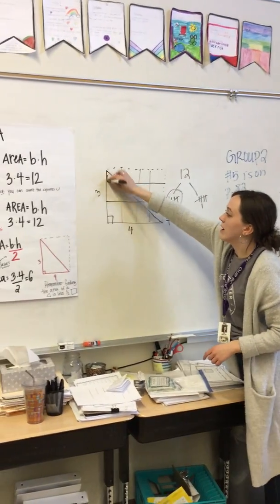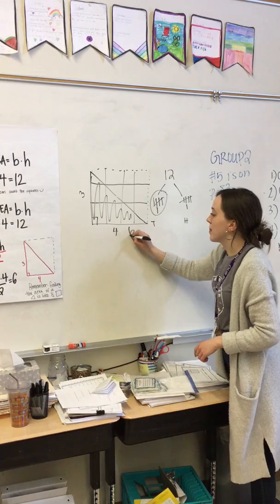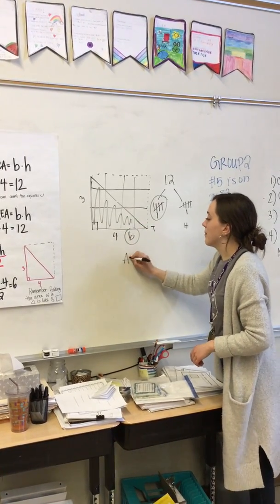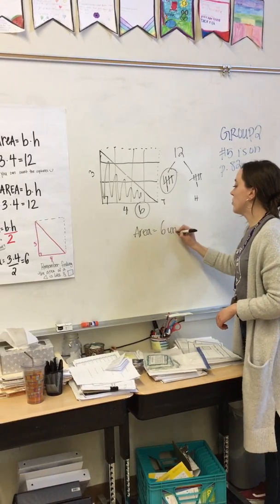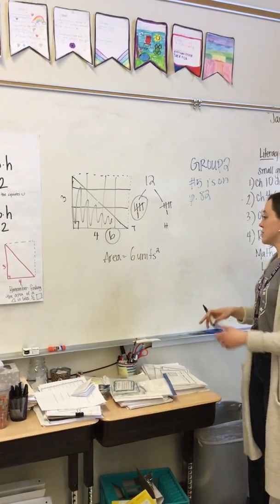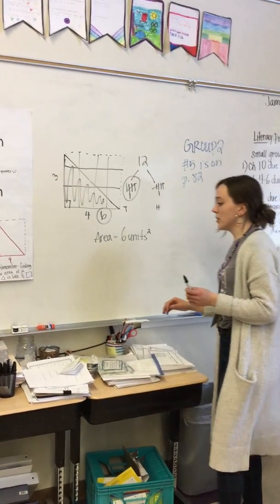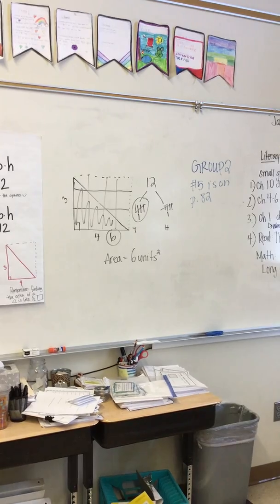So half of 12 is 6. So the area of just this triangle would be 6. So the area is equal to 6 units cubed. Now there is a formula for this one as well.